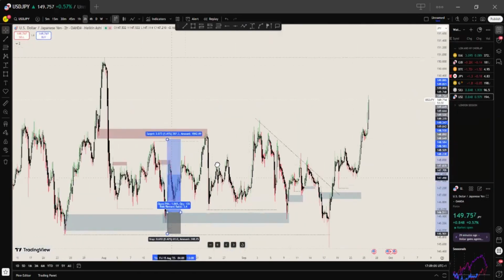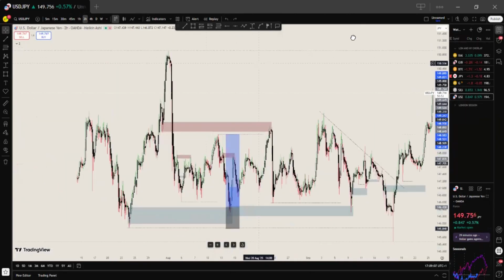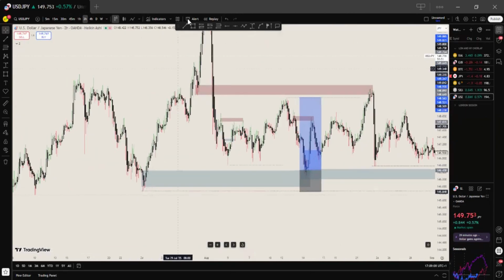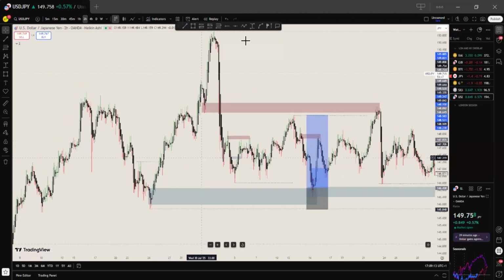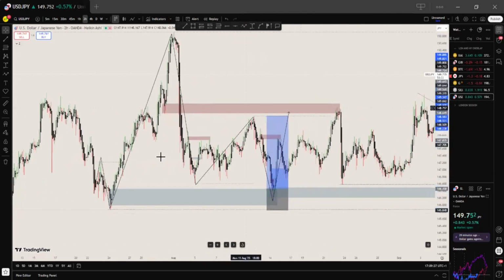As you can see, we had a break of structure right here. Then the market retraced, gave me engineered liquidity, tapped into my POI, then started going bullish. This is an example of engineered liquidity, the buy version.